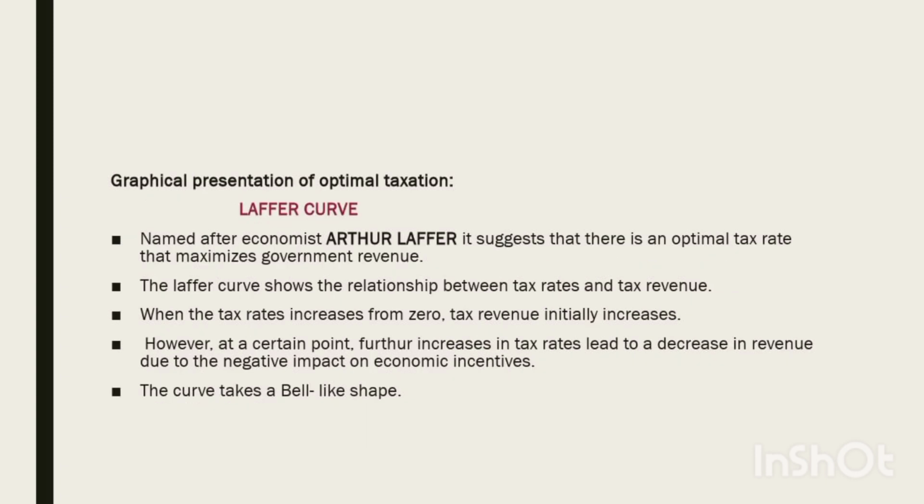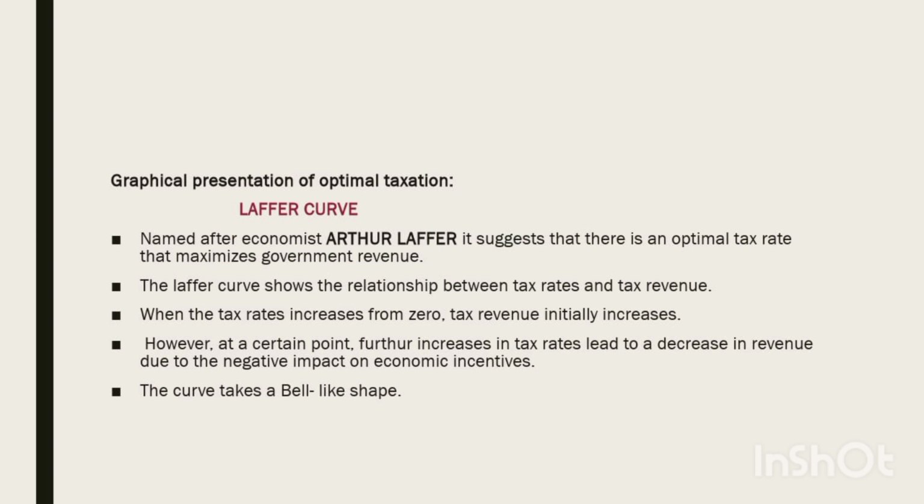Then we will go into graphical representation of optimal taxation. It is also known as Laffer curve. Laffer curve is named after economist Arthur Laffer. It suggests that there is an optimal tax rate that maximizes government revenue. The Laffer curve shows the relationship between tax rates and tax revenue.